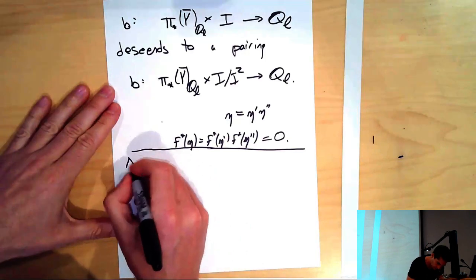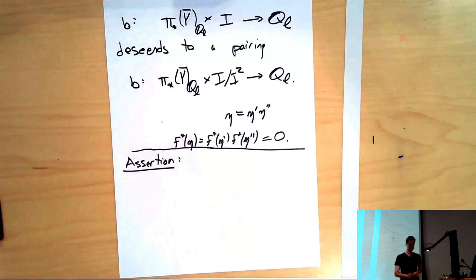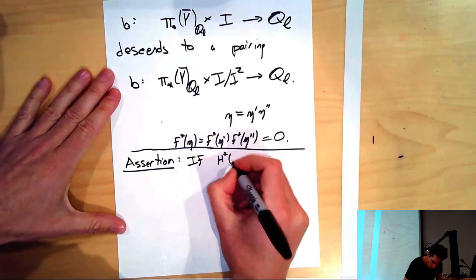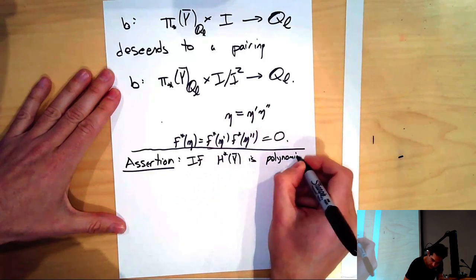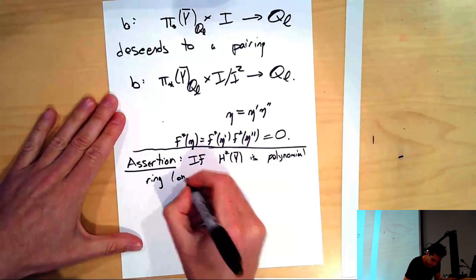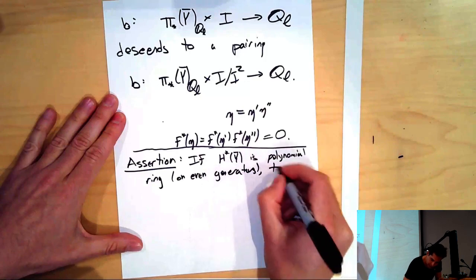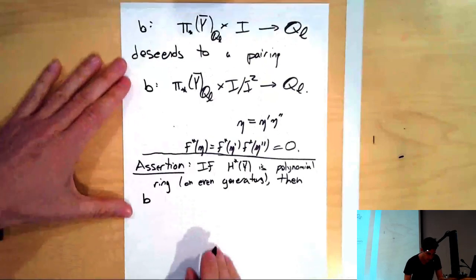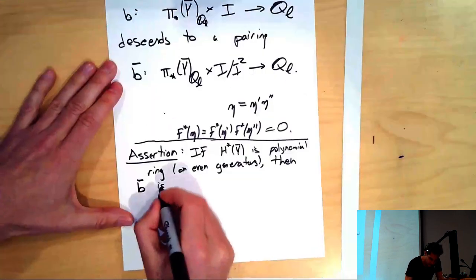The assertion, which is really just a fact of topology that I'm applying to this particular situation, is that if you were in a situation where the cohomology ring of y bar is a polynomial ring on generators of even degree, then this B, I mean the latest B, maybe I should call this B bar to distinguish it from the first B, is a perfect pairing.